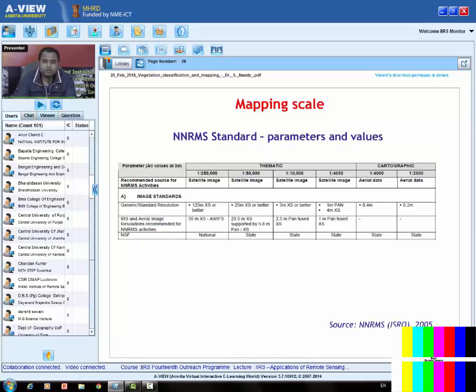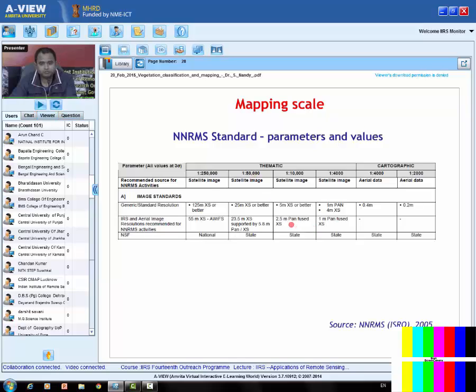Now, once I have the data, what should be my mapping scale? Suppose I am purchasing, let's say, LISS 3. I am working with 23.5 meter resolution. So my mapping scale should be 1:50,000. I cannot work at 1:20,000. If I am using 23.5 meter resolution, my mapping scale should be 1:50,000.